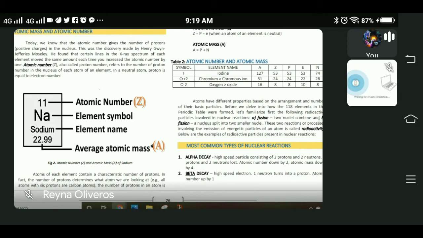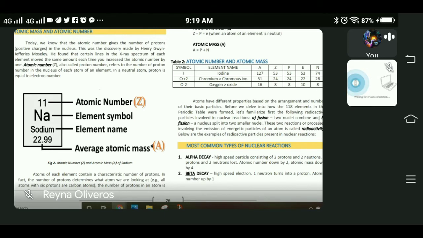Okay, so what are they? Number 1, or letter A, is fusion, and then letter B is fission. Guys, when we say fusion, two nuclei are combined, while fission is the splitting of nuclei into smaller nuclei.